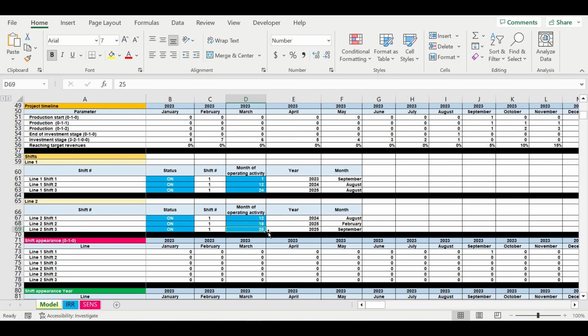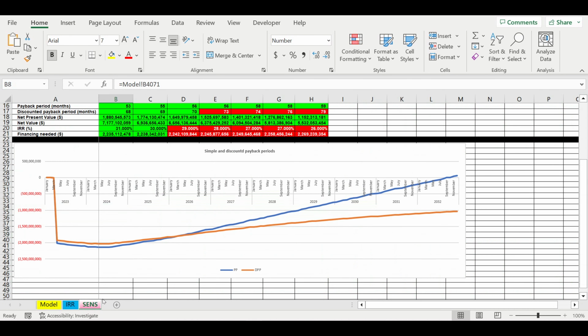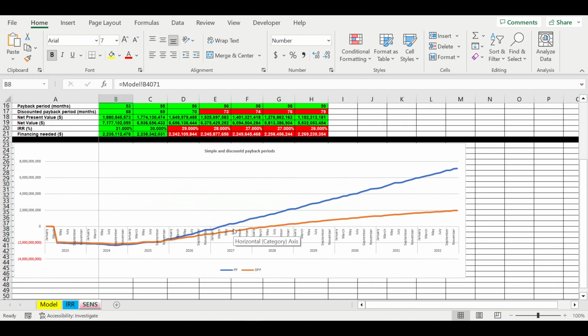So all these inputs will affect the financing and the payback period, and usually the future business owners always play with this block of input to understand what the payback period will be if we work 1 shift or 2 shifts or 3 shifts.